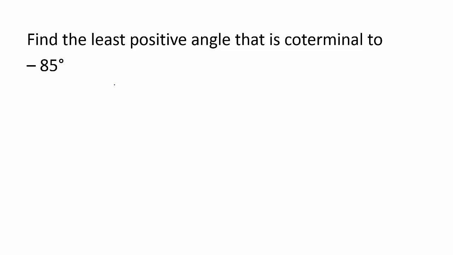So let's say we have this angle, minus 85 degrees. It would be nice if we could find something that's coterminal with a positive angle measure. Well, that's easy. We just add 360 to this until the angle becomes positive. So negative 85 plus 360 is going to be 360 minus 85, which is 275 degrees.